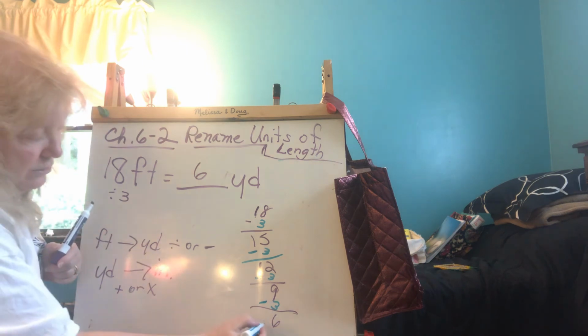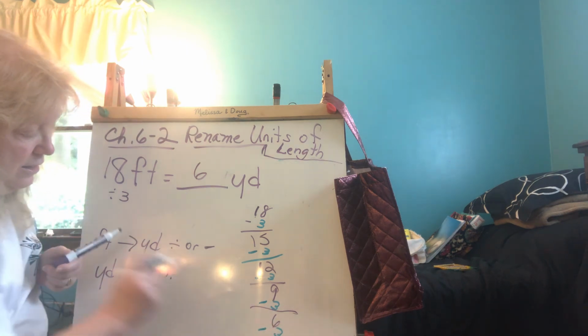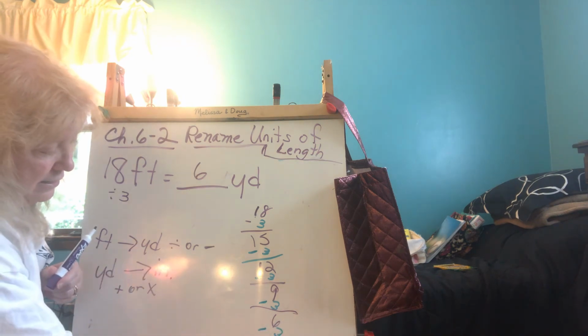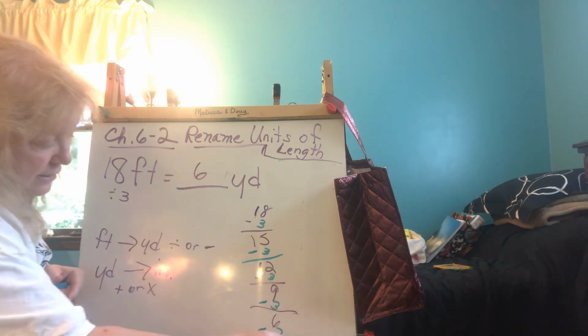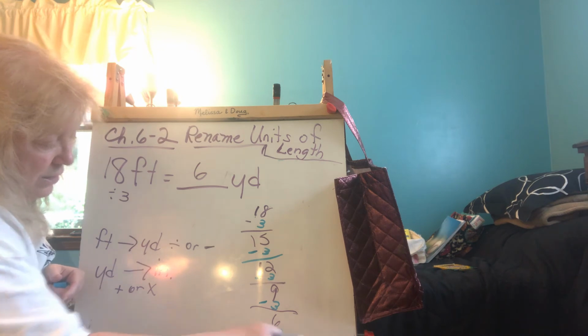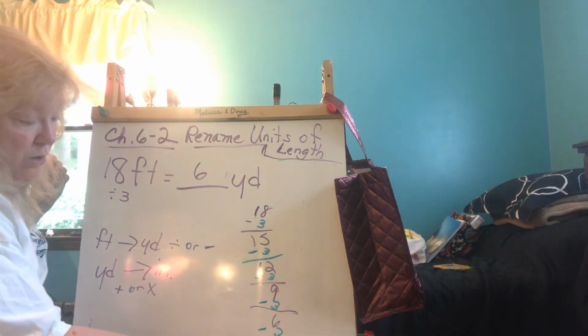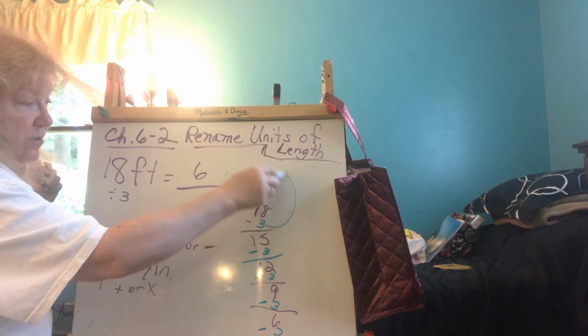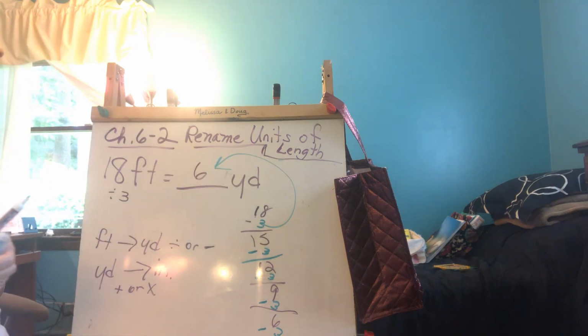And we take away 3 again, and we get 3, and then we take away 3 again, and we'll get 0. And now we can just count our 3s. 1, 2, 3, 4, 5, 6, and that goes back to this answer here, 6 yards.